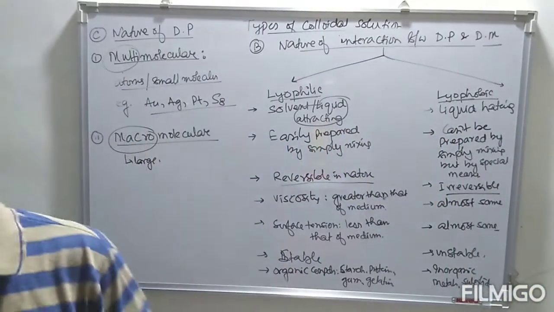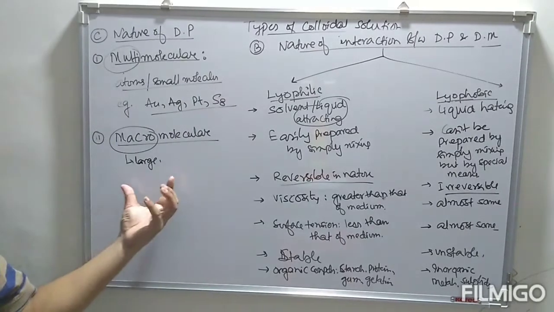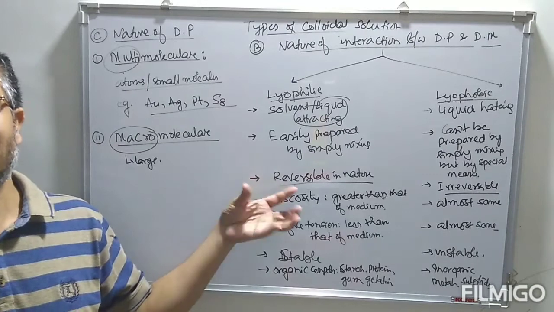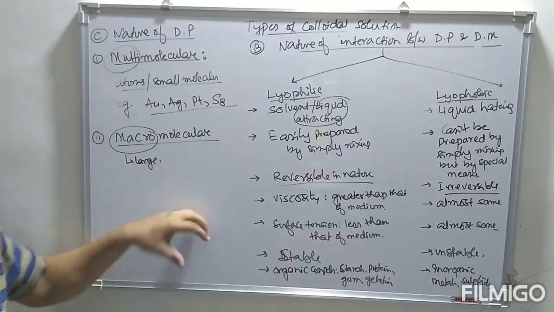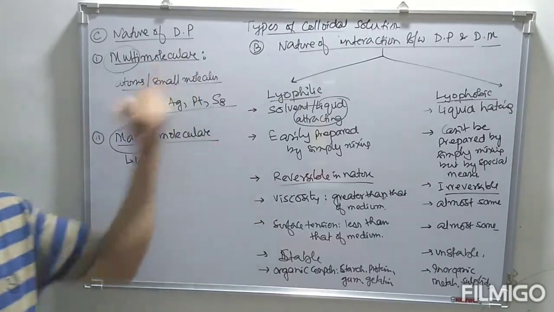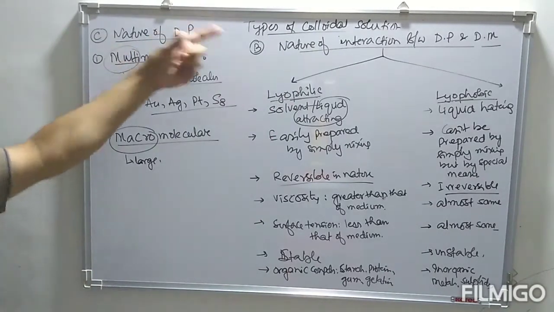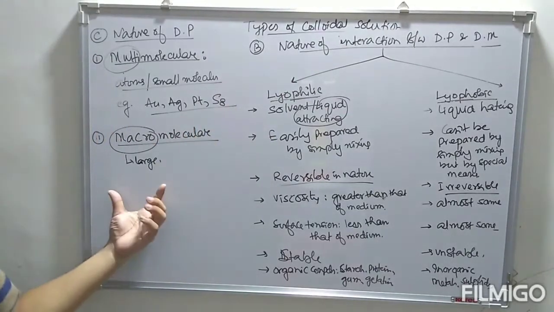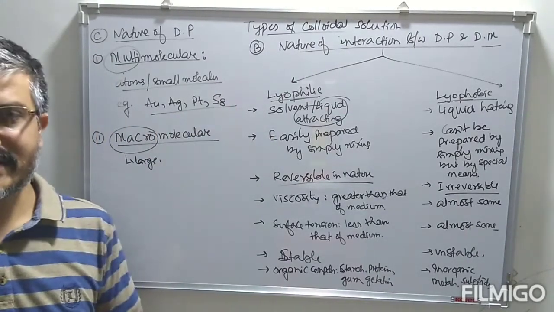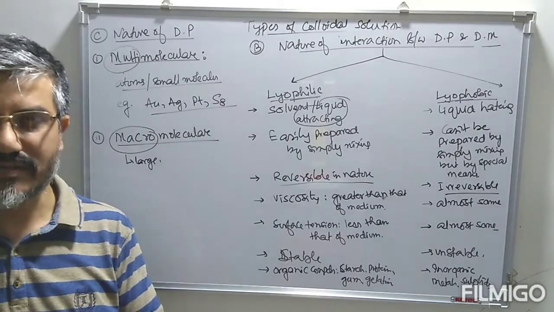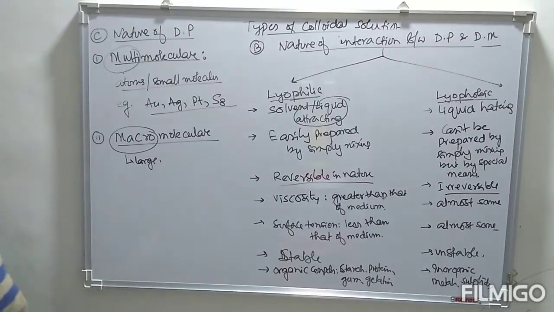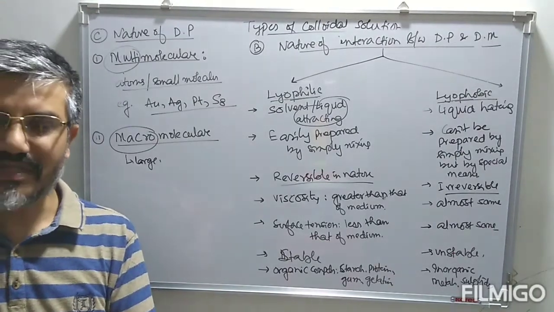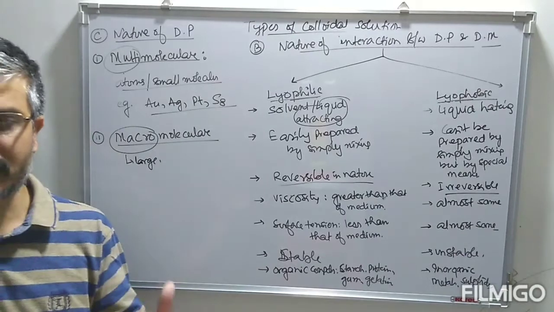These larger size particles having large molecular mass aggregate to form colloidal solution. In the first case, we have atoms and very small molecules aggregating to form colloidal solution. Whereas in the second case, the dispersed phase that we are taking, which is to be dispersed in a dispersion medium, is already a large particle. Large particle means the molecular mass of the particle should also be large.